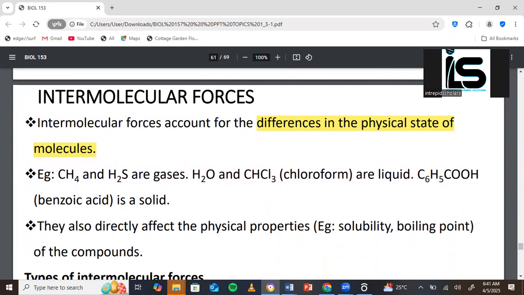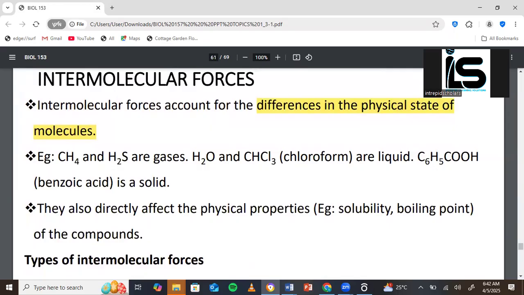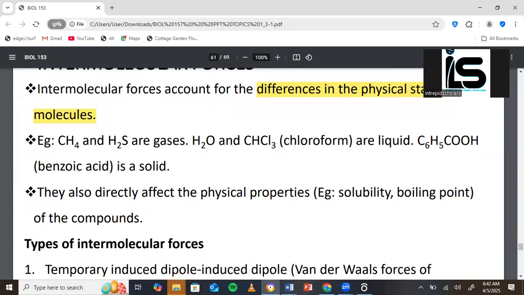And so methane and hydrogen sulfide are gases because of low intermolecular force. Water and chloroform are liquids because of high intermolecular force. Benzoic acid is solid because of higher intermolecular force. So that's what that is. They also directly affect the physical property.